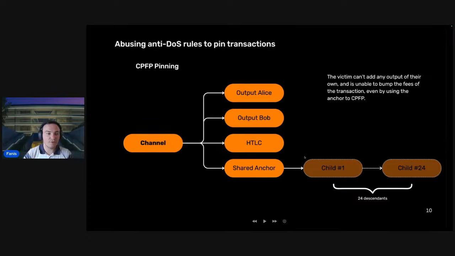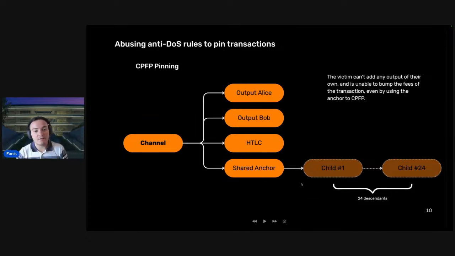Then if we consider Alice and Bob, and let's say Bob tries to prevent Alice from increasing the fees of the transaction, then Bob could add 24 descendants to the transaction by spending from the shared anchor, and then spending from the first child to create a grandchild, then spending from the grandchild to create a great-grandchild, and so on and so on. And then, as soon as we have 24 descendants, Alice cannot add her own outputs to the transaction, to the anchor, in order to bump the fees of the transaction.